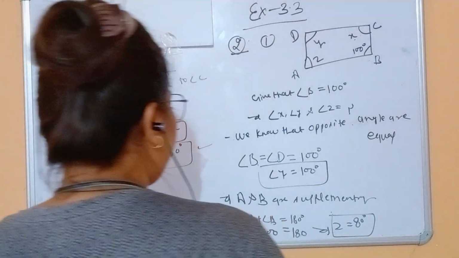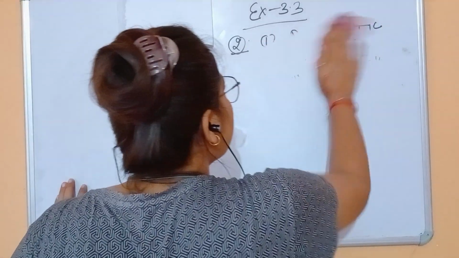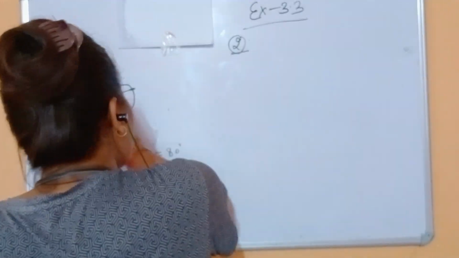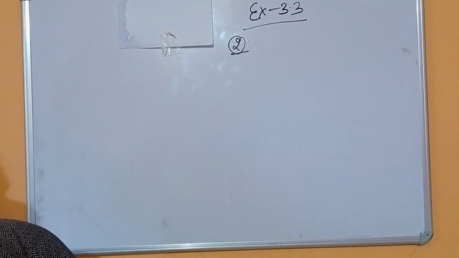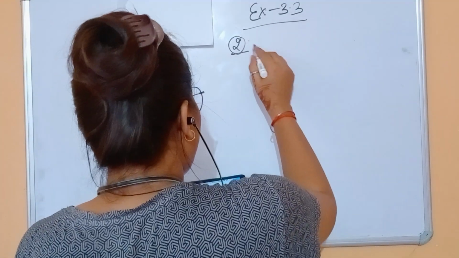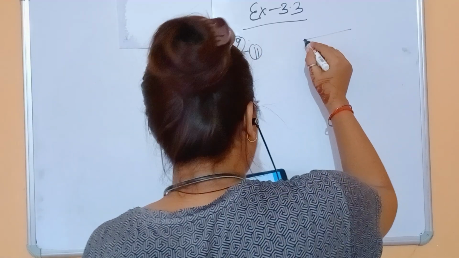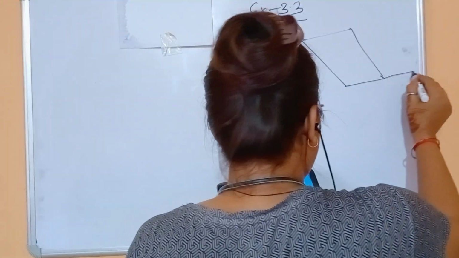Now we understand the second question. The last question we discuss here. After this, in the next video we discuss alpha. So here written angle. The next question is one figure to draw.